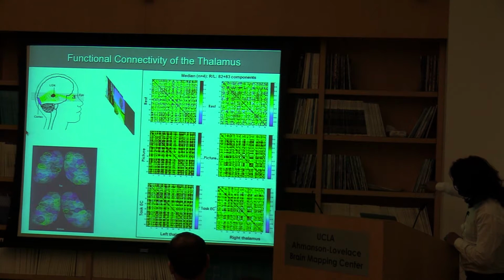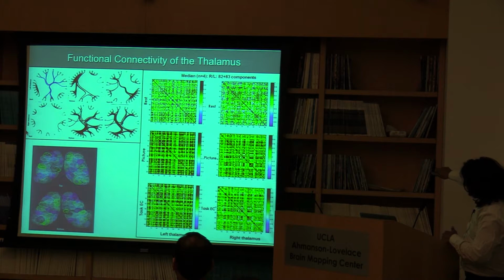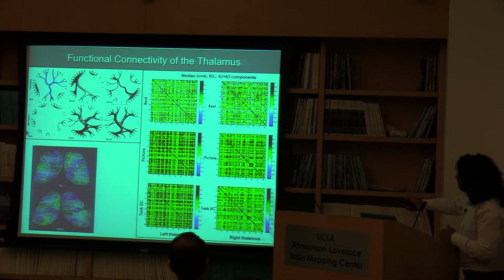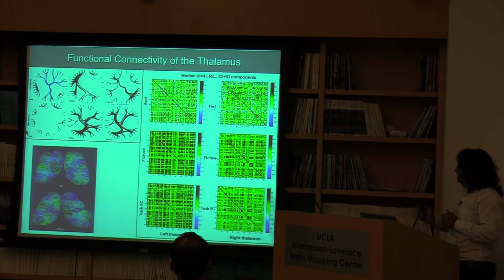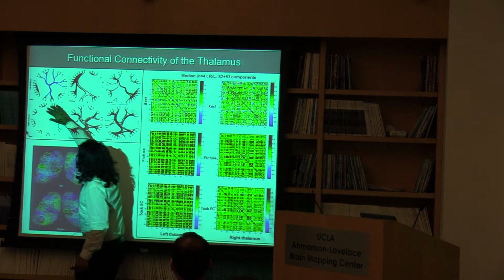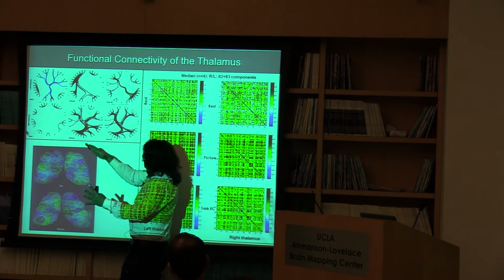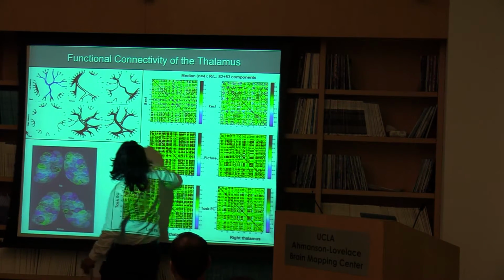This is for the left thalamus and for the right thalamus. And this is a similar depiction of these connectivity matrices, just graphically here. So here is the left thalamus: resting state, picture viewing task, and eyes closed condition during the task. And this is for the right thalamus.